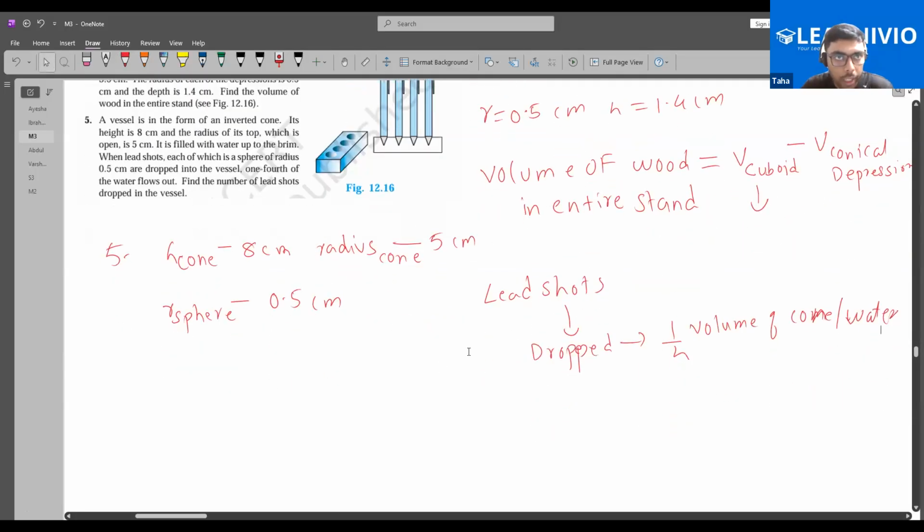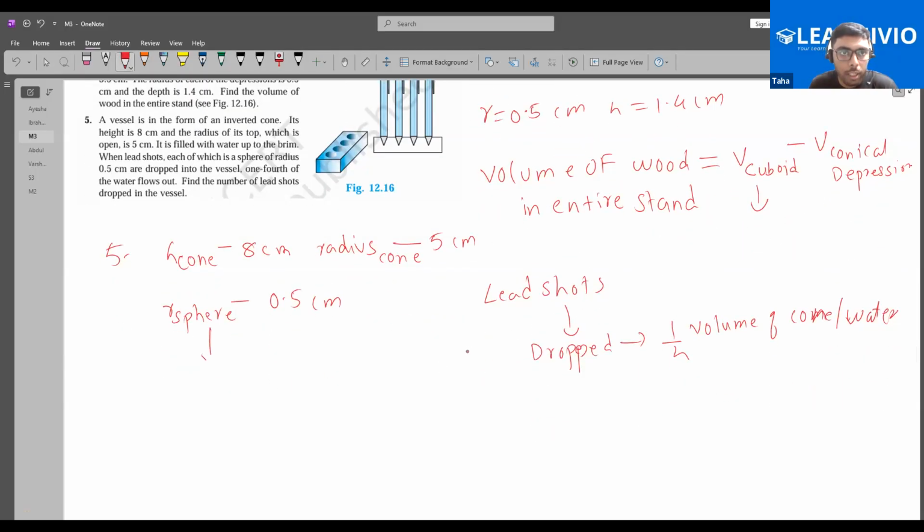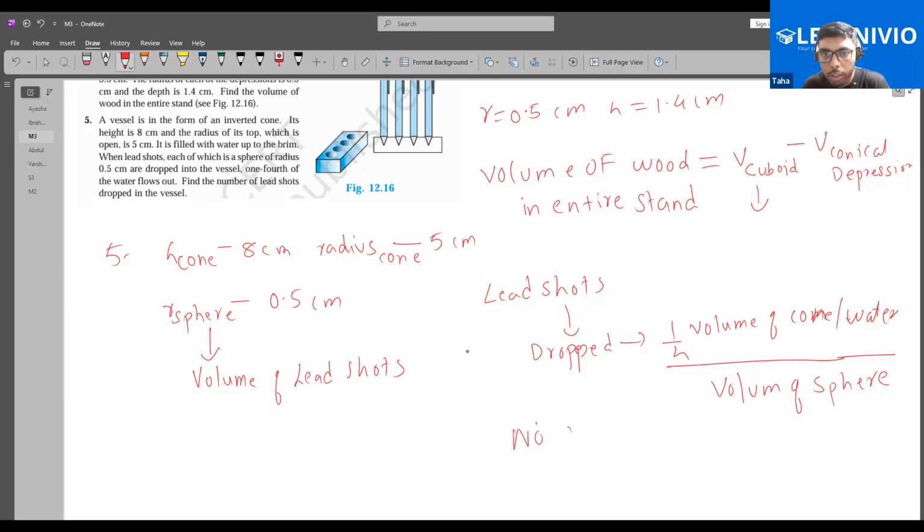We have the radius of the sphere of the lead shots, so we can find the volume of a lead shot. Now, 1/4 of the volume of the cone divided by the volume of the sphere would give you the number of lead shots.